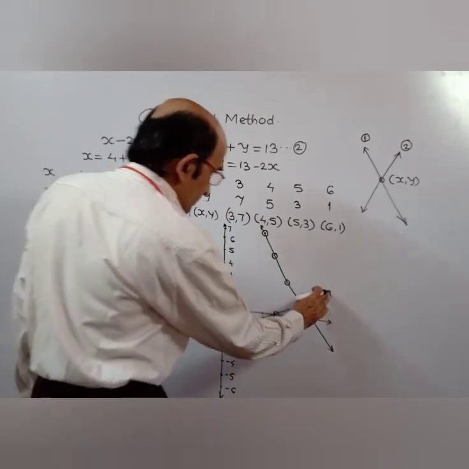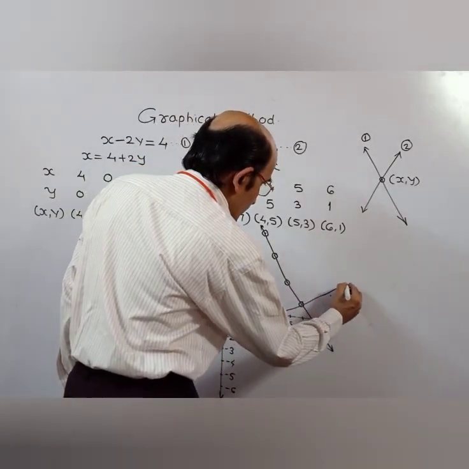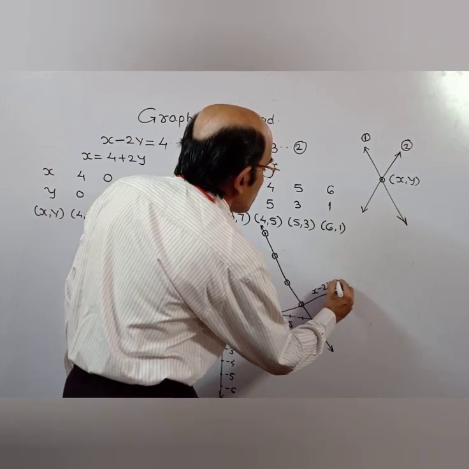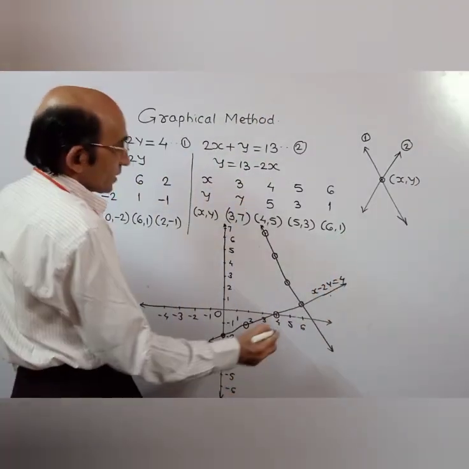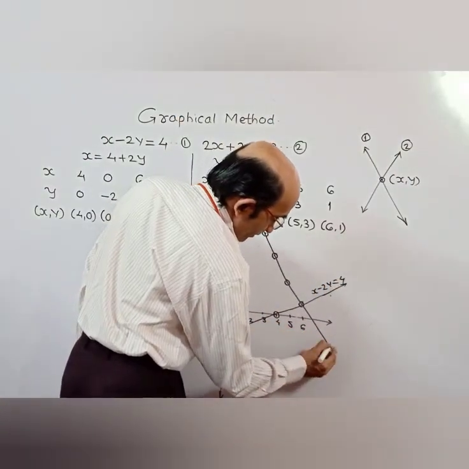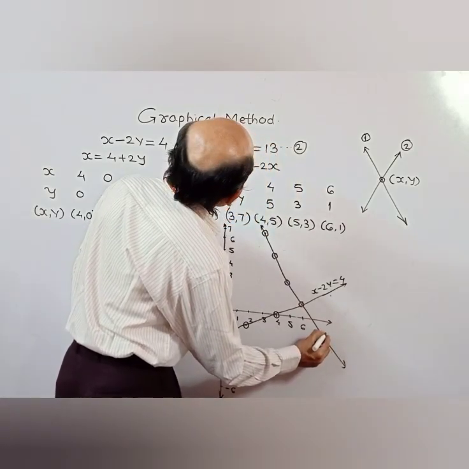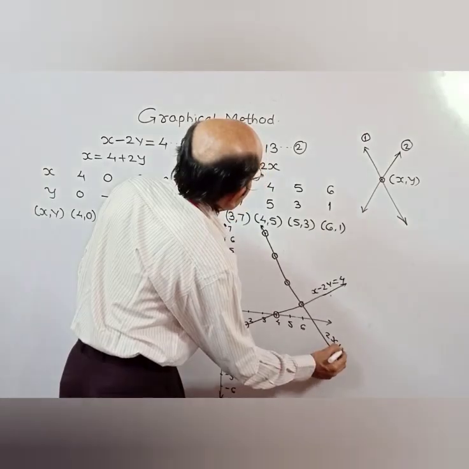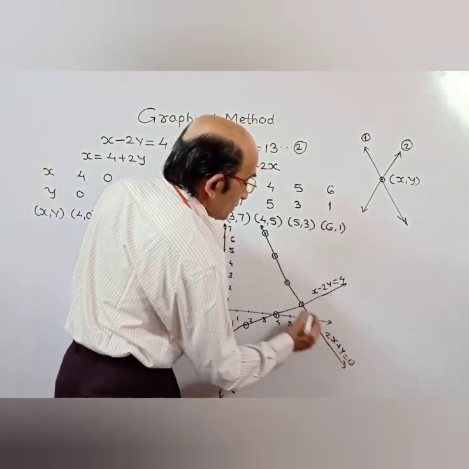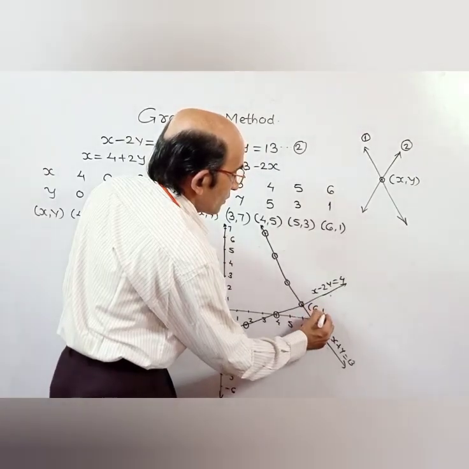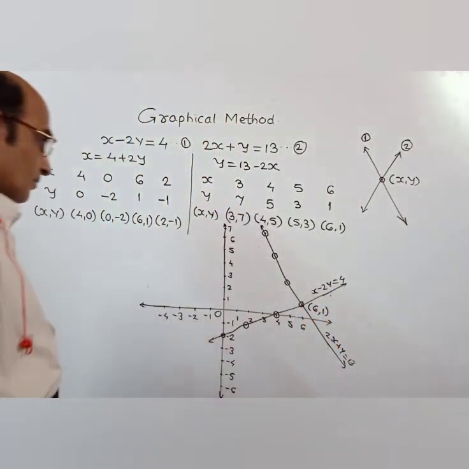For the first line, write here the equation x minus 2y equal to 4. For the second line, we extend it. Anywhere we write the equation 2x plus y equal to 13. This is the point of intersection. Its coordinates are 6, 1.